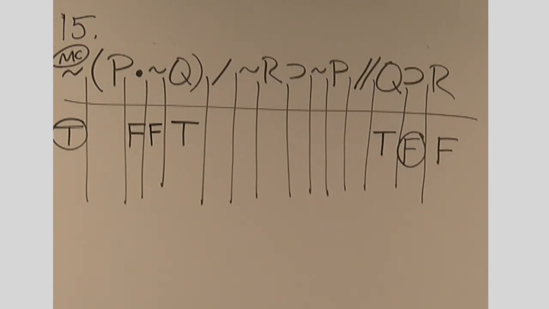Now what we need to notice is, if that tilde is false, the dot is false, and I don't have to say anything about P. If you don't have to say anything about a letter, don't. Or as I put it in the textbook, don't overcommit. If you don't have to commit to say that's definitely got to be a truth value, leave it blank. Blank does not mean you're going to get it wrong. Blank means you didn't have to put anything there.